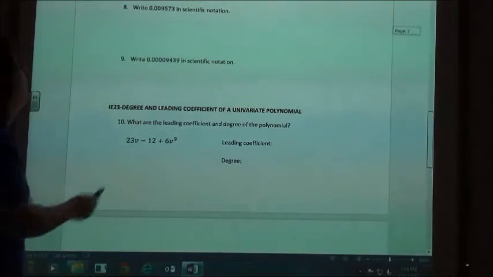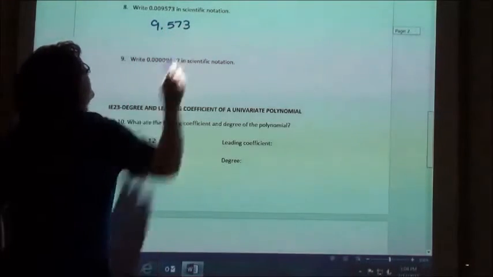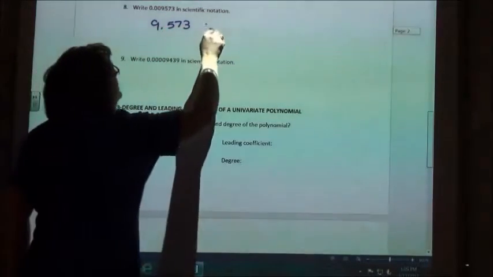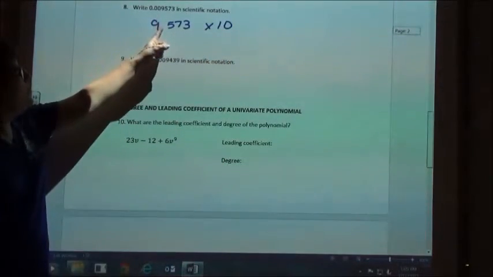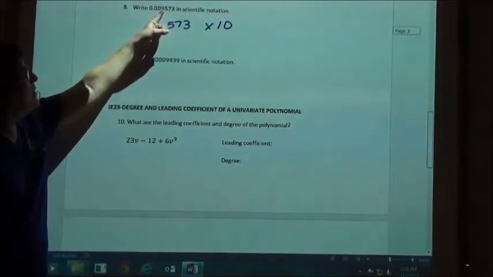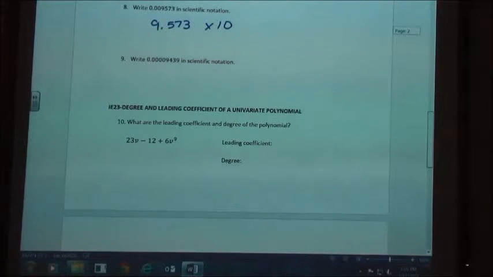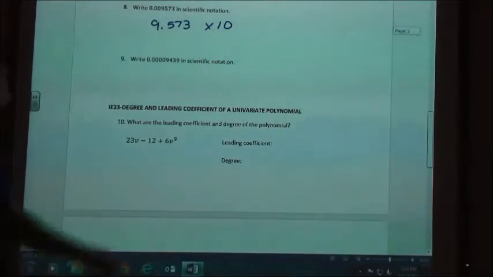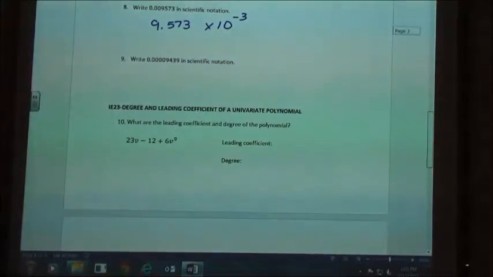Between the 9 and the 5? Exactly. So I'm going to have 9.573 times 10 to the, and if I put my decimal behind the 9, to get it back to where it originally was, what do I have to do? Times 10 to the negative 3? Exactly. I've got to move it backwards 3 places, so I have times 10 to the negative 3.